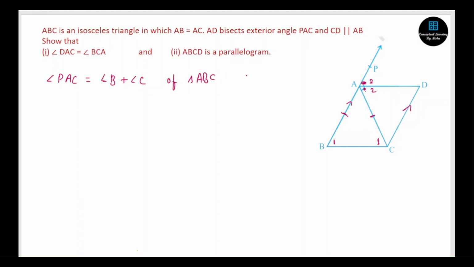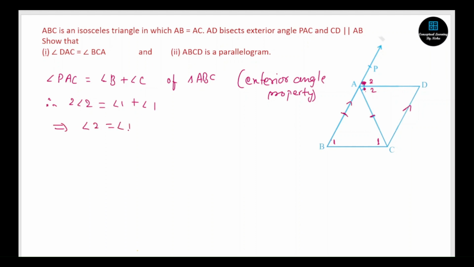Why? Because of the exterior angle property. It says this exterior angle is the sum of the far interior angles. So if I write 1 and 2, it is easy to write: 2 times angle 2 equals angle 1 plus angle 1. Now from this, what can I say? Angle 2 equals angle 1.